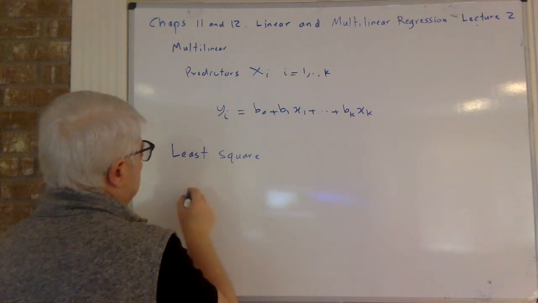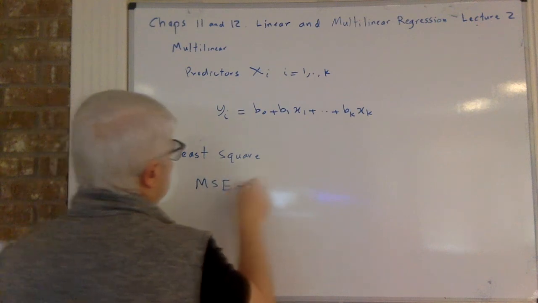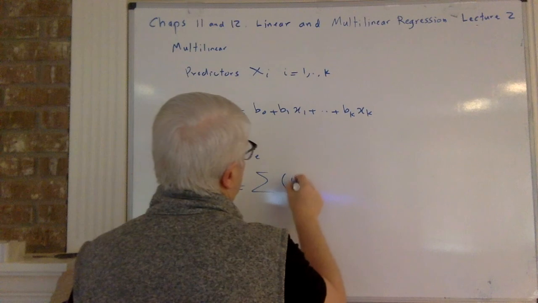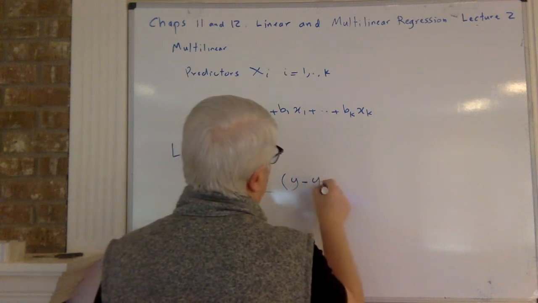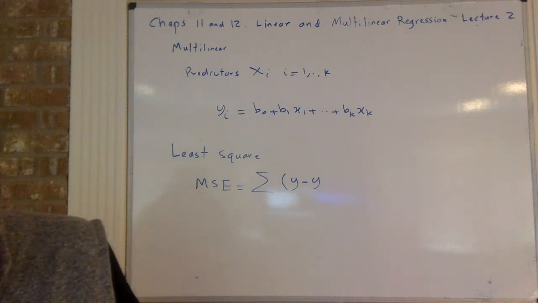So remember the MSE that I wrote. The MSE was sigma of yi minus y hat, squared, with i from 1 to n. Let me double check. In fact, that's correct.